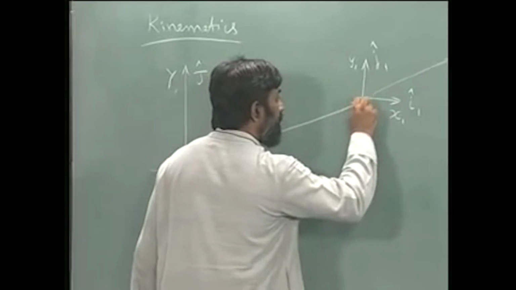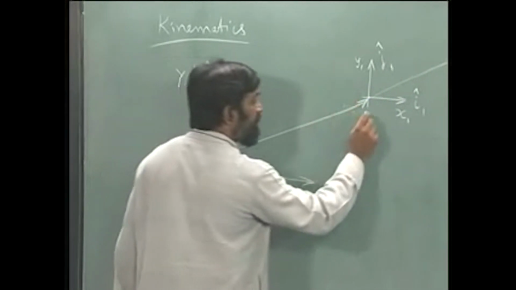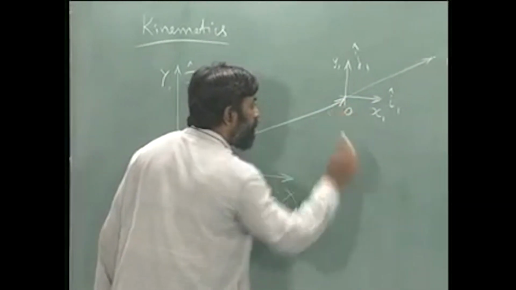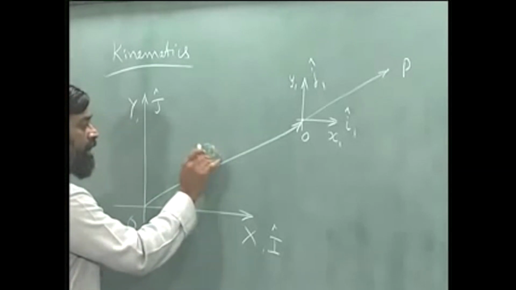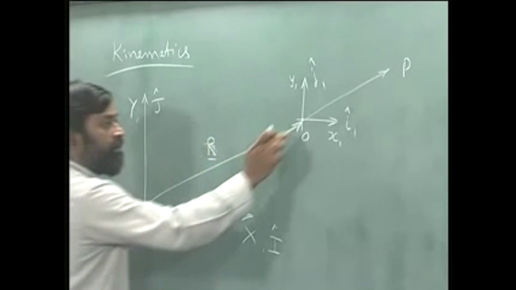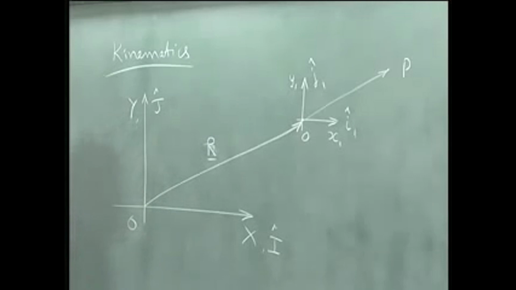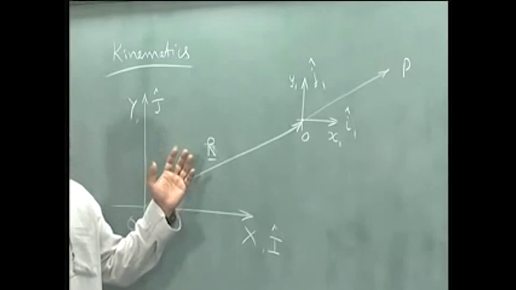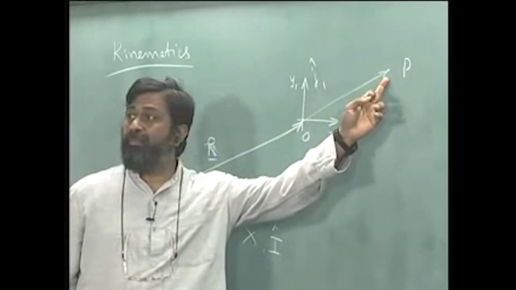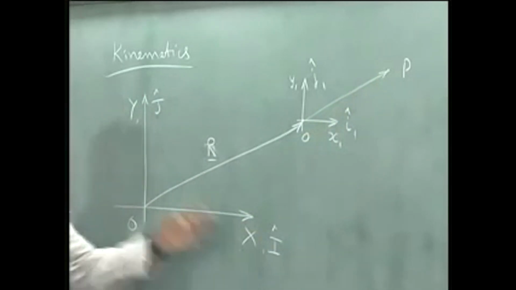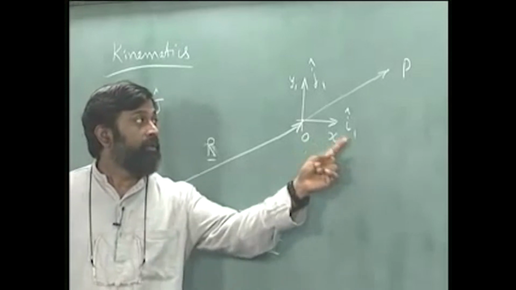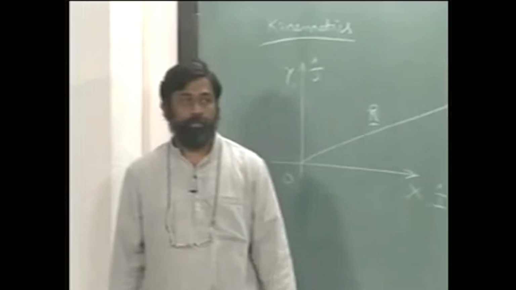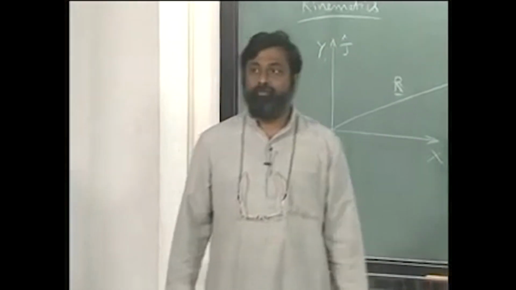Basically, one thing that I have to know is, let us say this is some small o, this is capital O, let us say this is some r, let me use capital R to denote the origin of this. Then I can write what P is with respect to capital X, capital Y, given the movement of this moving frame of reference.